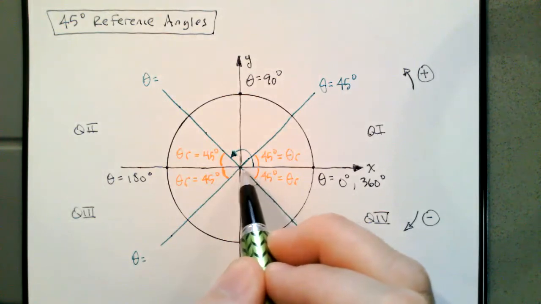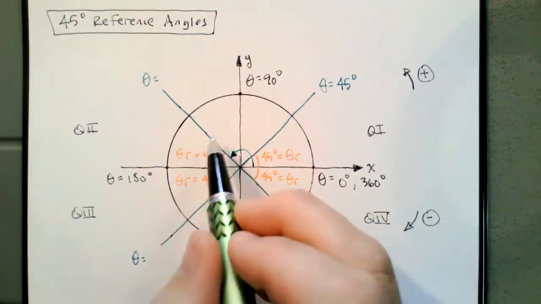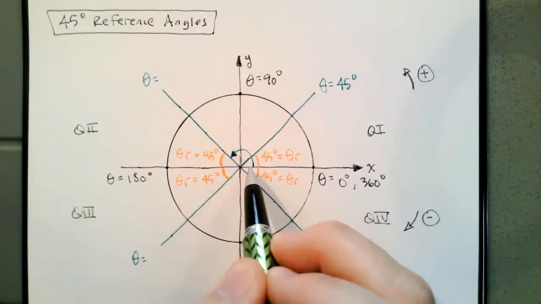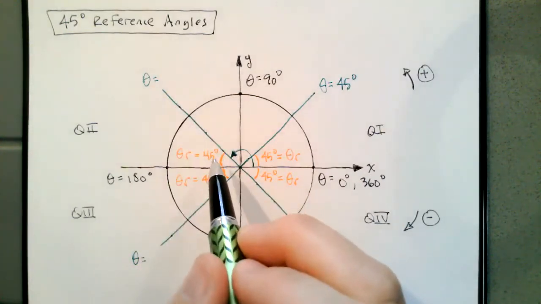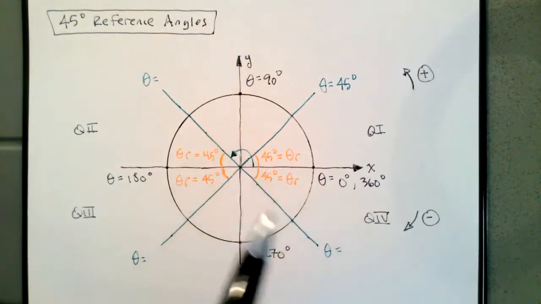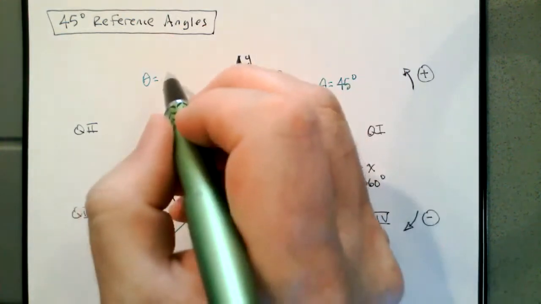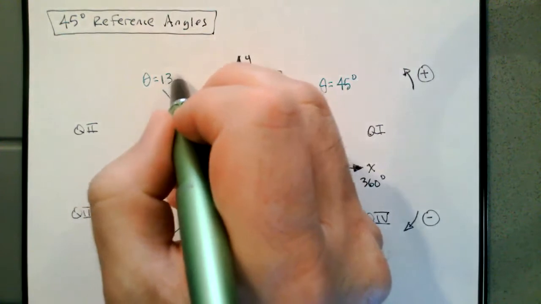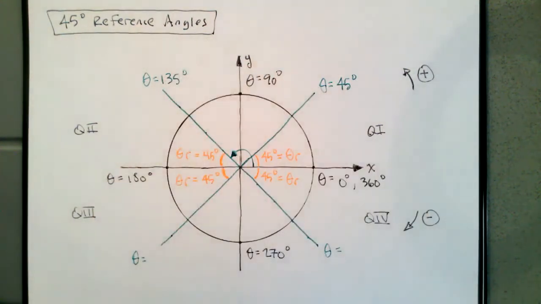And so if we just subtract 45 from the 180, that'll tell us what the angle theta is in quadrant 2 with the 45-degree reference angle. So in this case, we'll take 180 and subtract the reference angle. And so 180 minus 45 is 135.